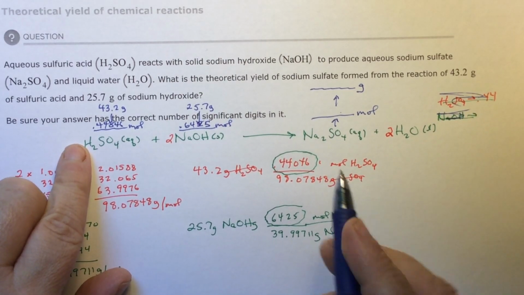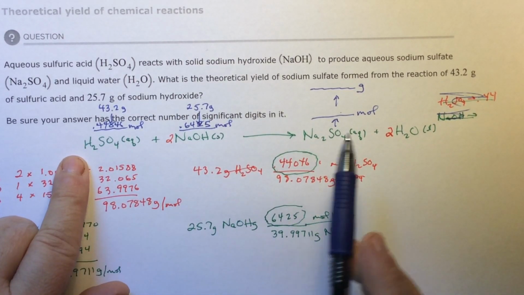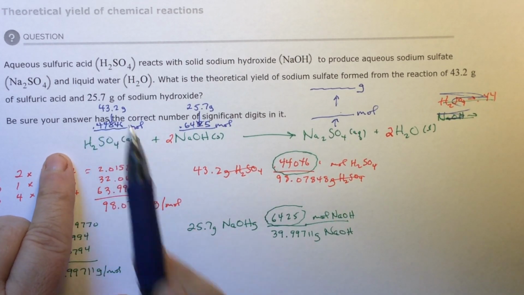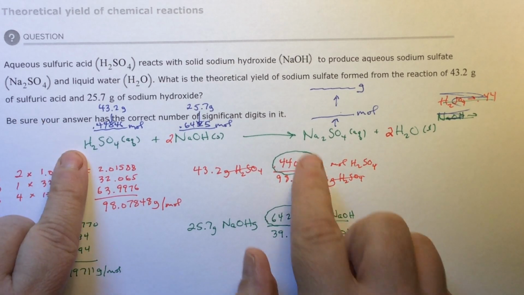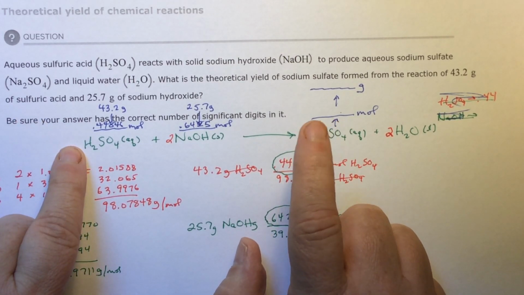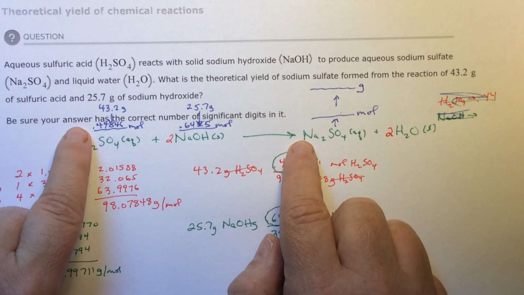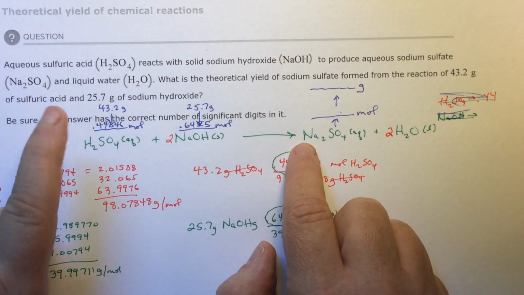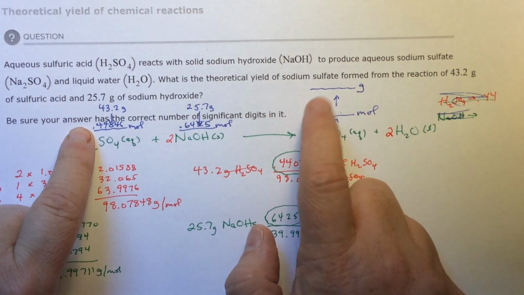So, let's scratch that out. Let's find out what the relationship is. Let's do this one first. Let's do the H2SO4. I've got 1 to 1. Okay. 1 mole is to 1 mole as 0.44 moles is to what? Okay, 1 is to 1 as 0.44 is to 0.44.